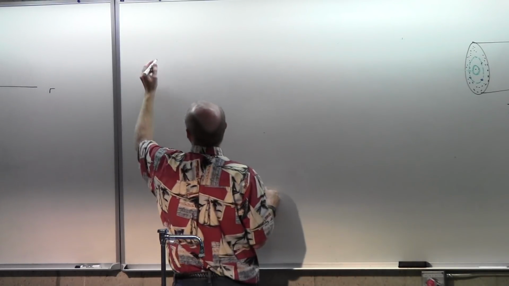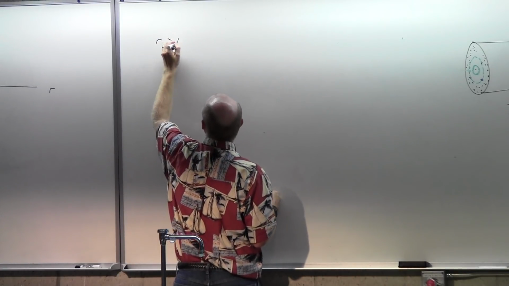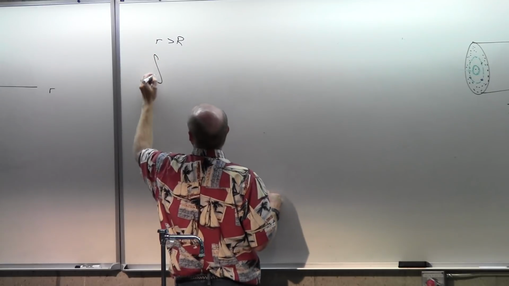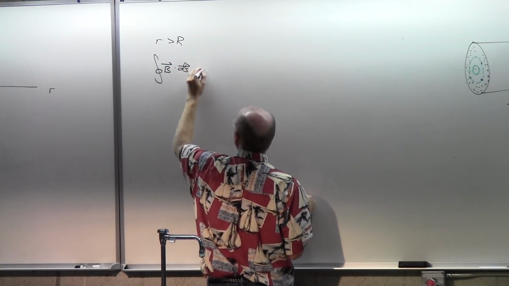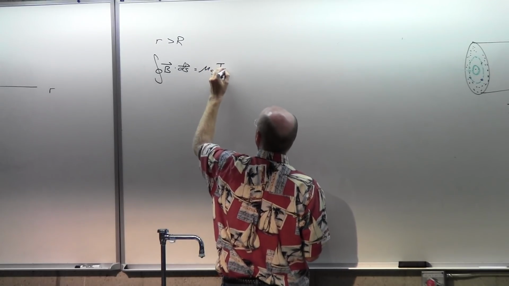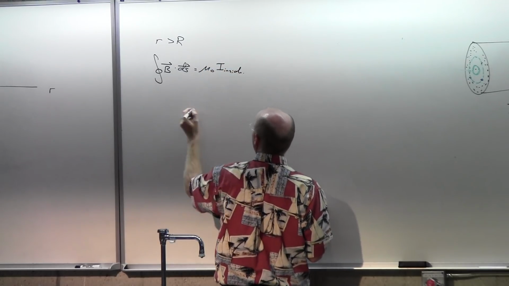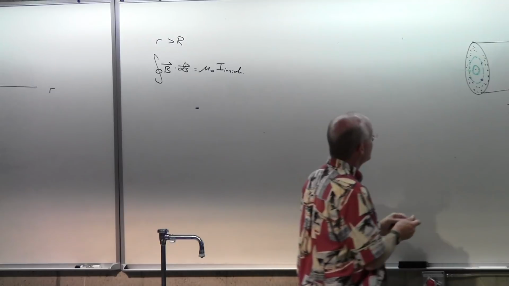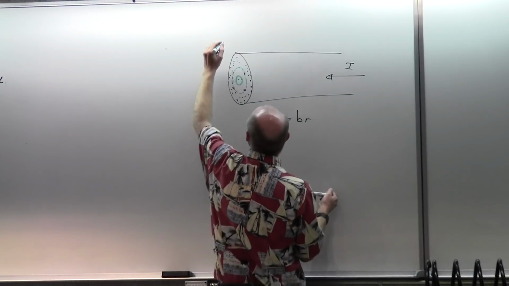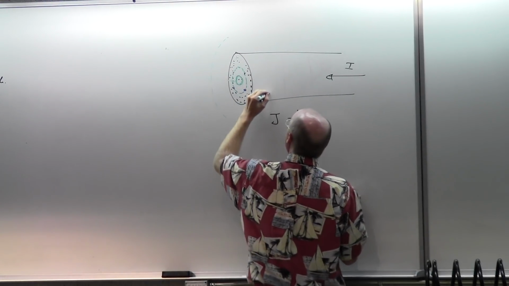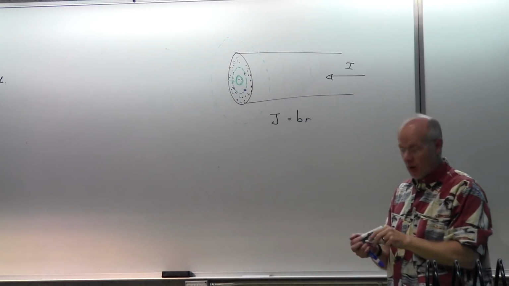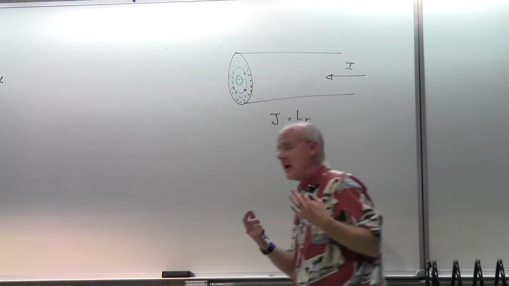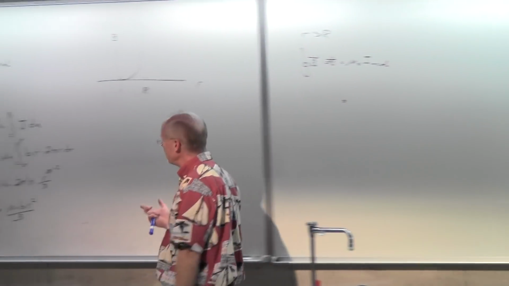On the outside, so when r is greater than capital R, I can again start with Ampere's law. And therefore, I would draw an Amperian loop on the outside of my wire.